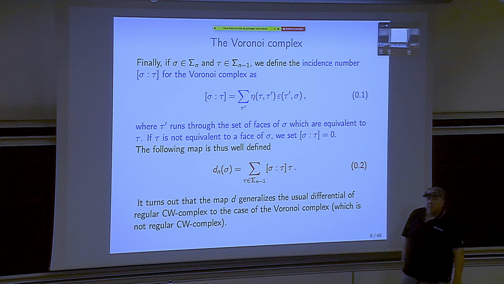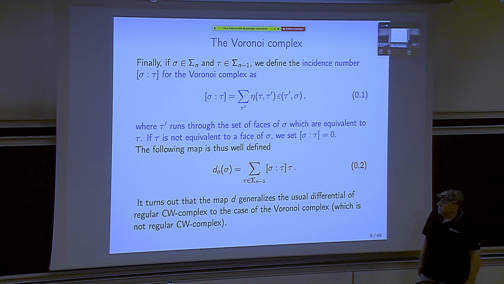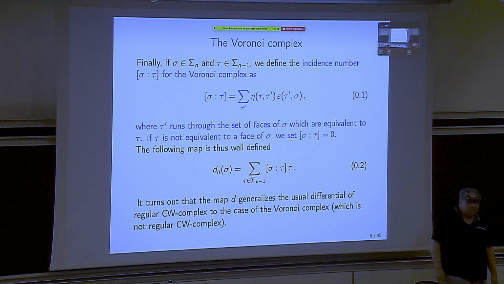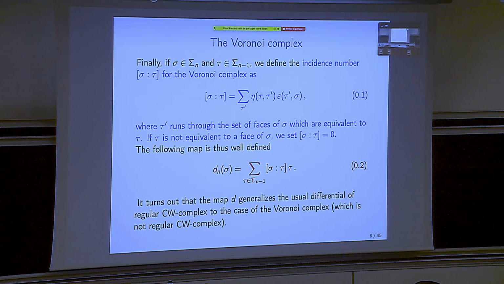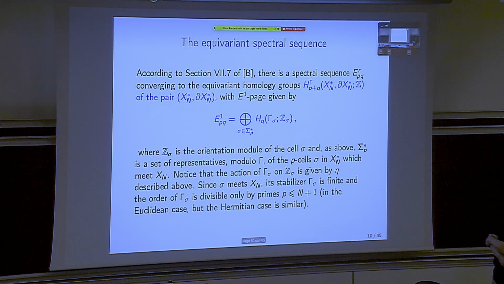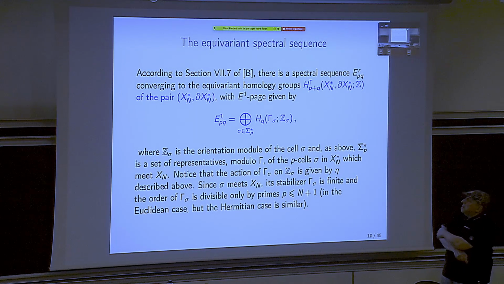But nevertheless, so far, what I'm saying is just a claim, because I'm not saying that this is a differential. I'm just constructing a well-defined map. And the claim is indeed that it is a differential.